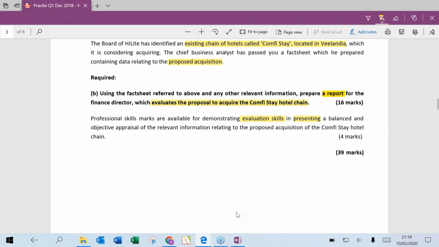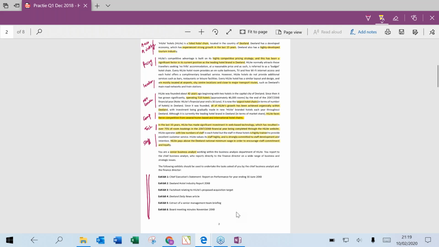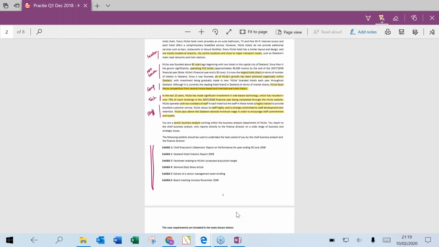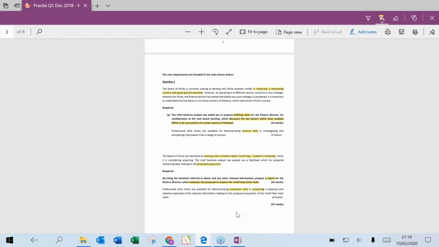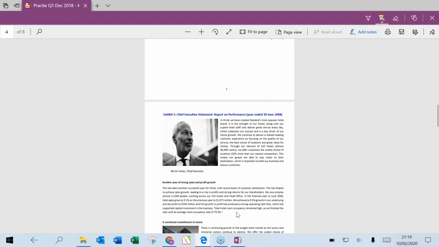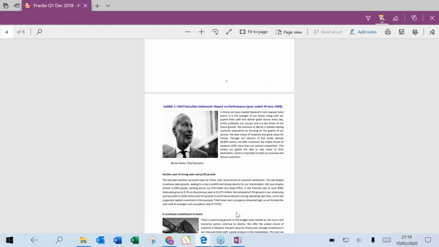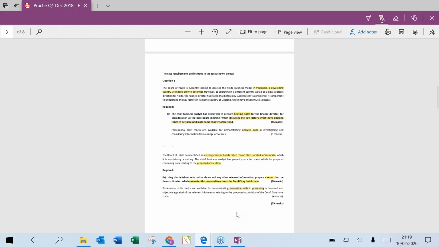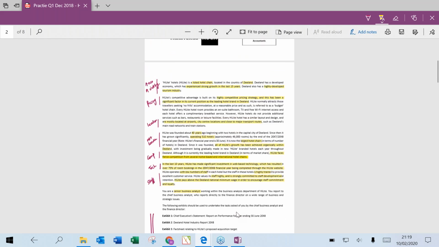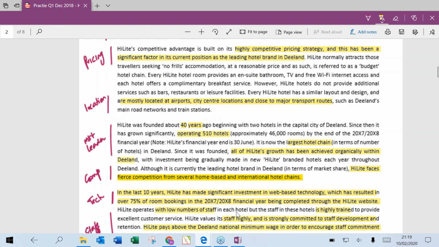We read the introduction, we saw the list of exhibits, then we read all the requirements, and we know that we have to look for success factors and acquisition information. And now the next thing is exhibits. But before you read the exhibit, you go back to the introduction and please do your referencing.